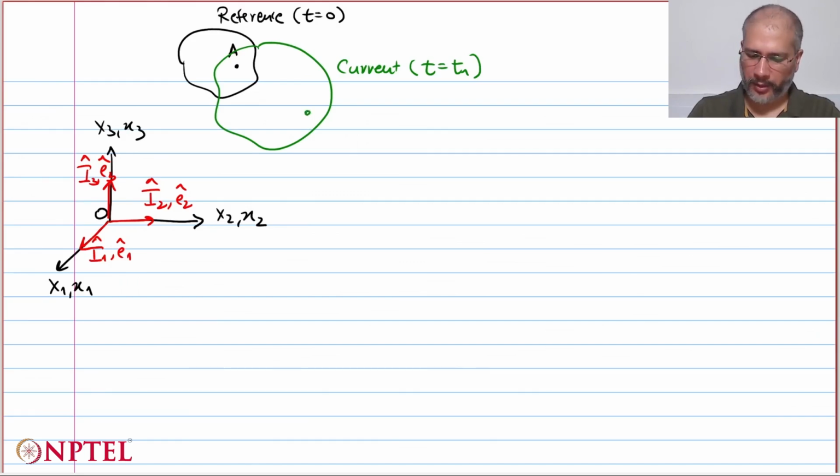And the point A has now moved to A prime with the displacement of A denoted as this vector. We will denote this displacement with a u vector and put a superscript A because we're talking about the displacement of the point A as the body moves from one configuration, that is the reference configuration, to the other configuration, that is the current configuration.